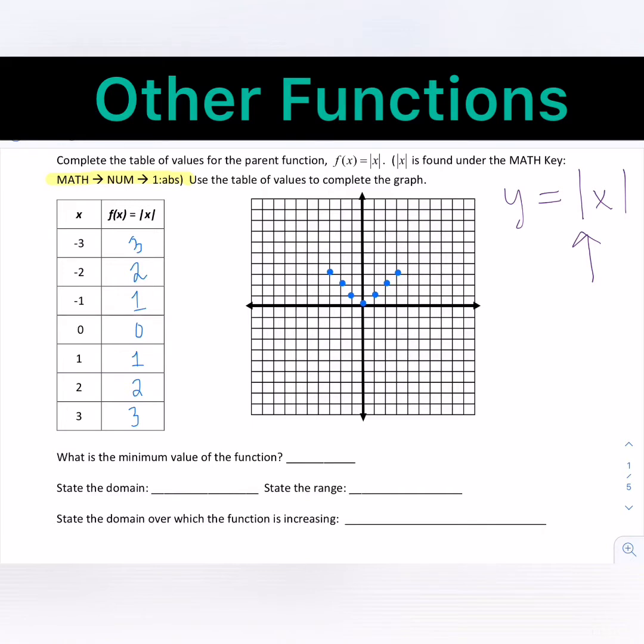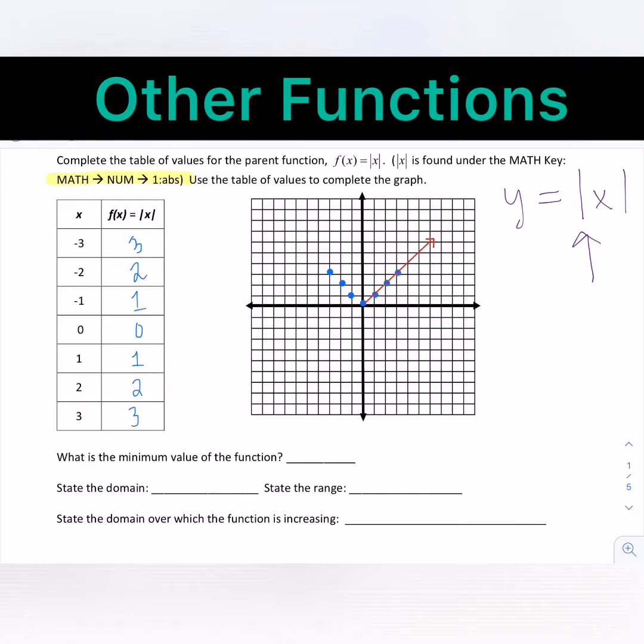Now, what's the first thing you notice about this function? It almost looks like a parabola. Actually, it takes on the shape of a V. Whereas a parabola has a kind of curve to it, this is linear on both sides. So this is linear on this side, and then it is also linear on this side.